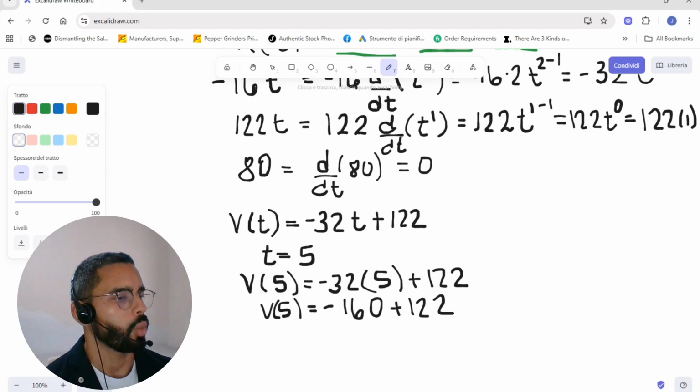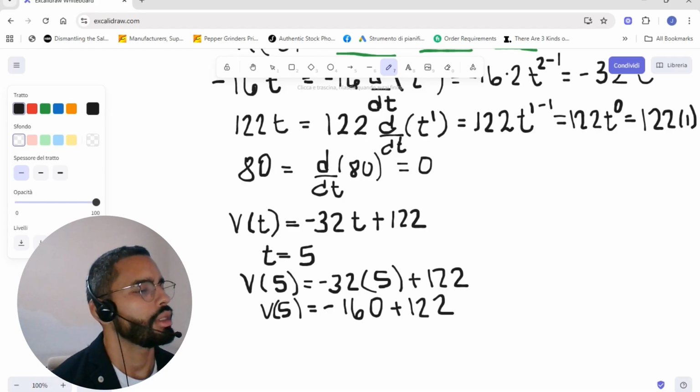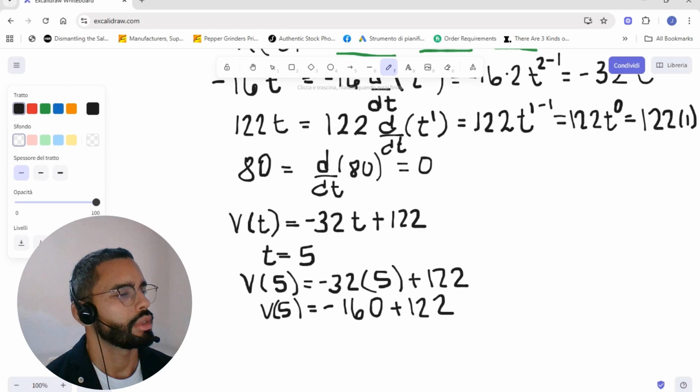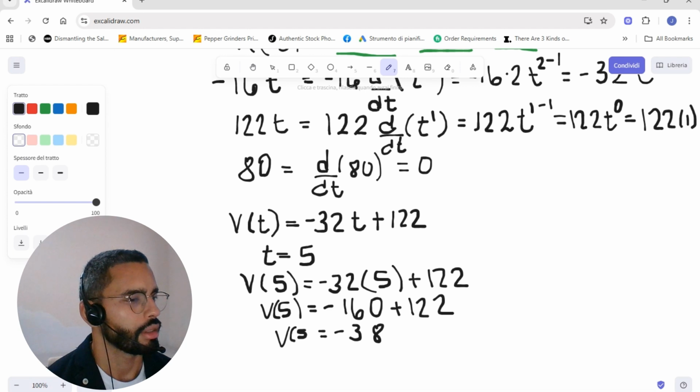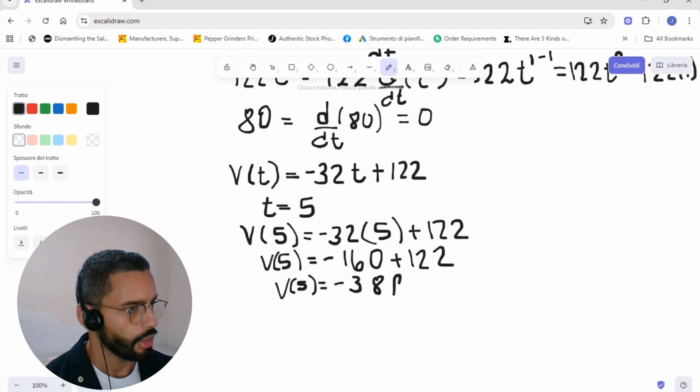So what's this velocity equal to? Negative 38. And what's the unit of velocity? Feet per second. Correct. Perfect. It is feet per second.